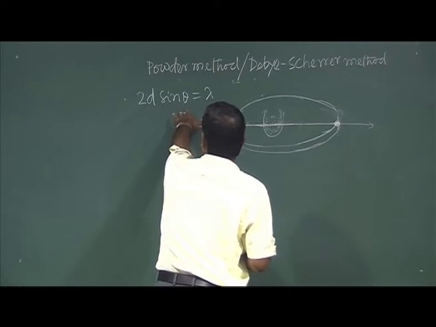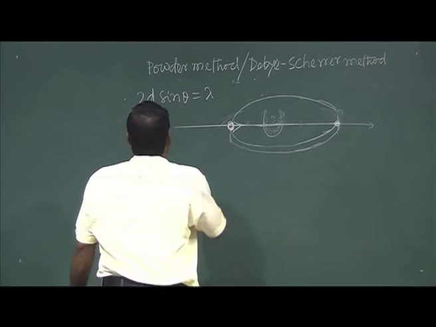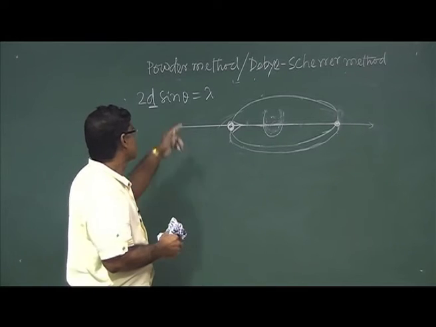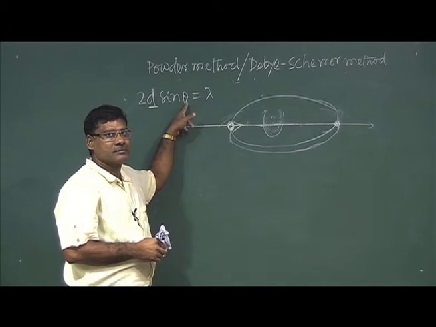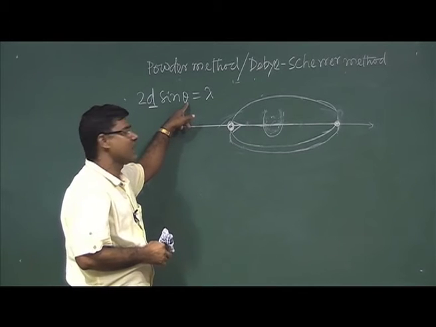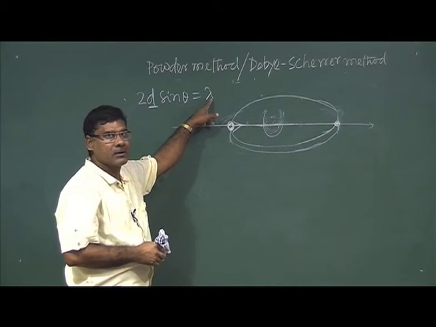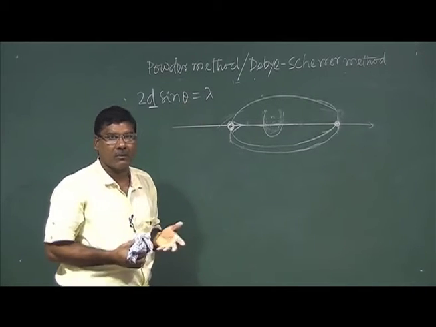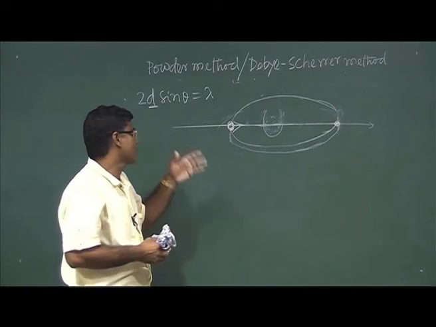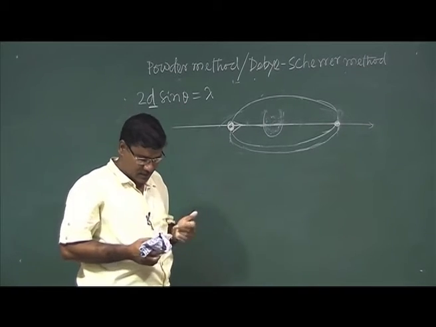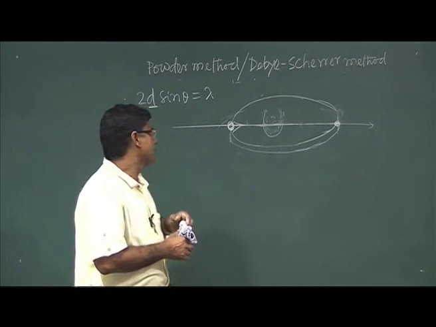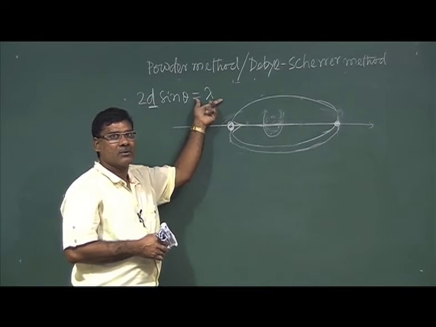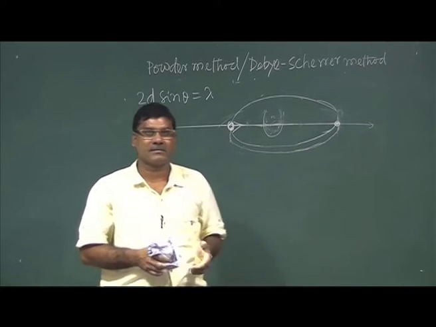If I am considering the 1 1 1 plane, this angle is variable, lambda is constant. All sorts of angles are available with this 1 1 1 plane, so I will easily get one angle which will satisfy this condition. So, we will get reflection in that direction.